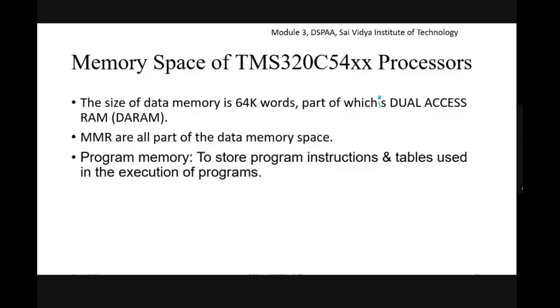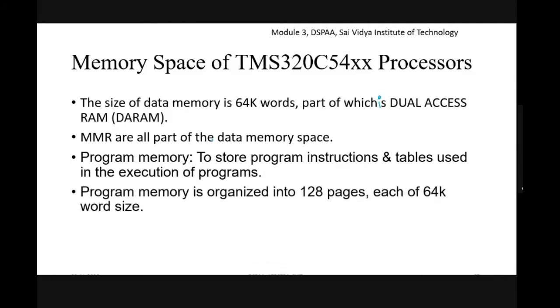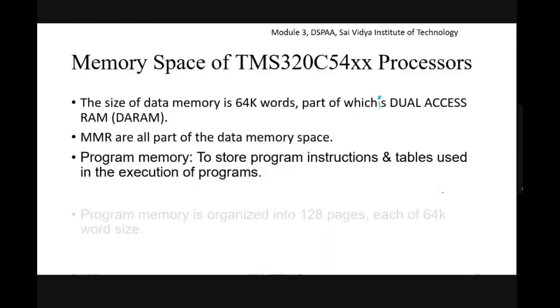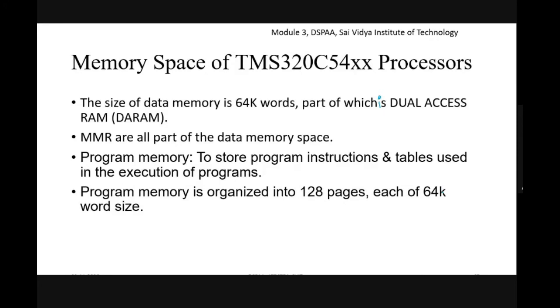Then we have a program memory to store the program instructions and tables used in the execution of programs. We require a program memory in the processor. Program memory is organized into a total of 128 pages, each of 64K word size.